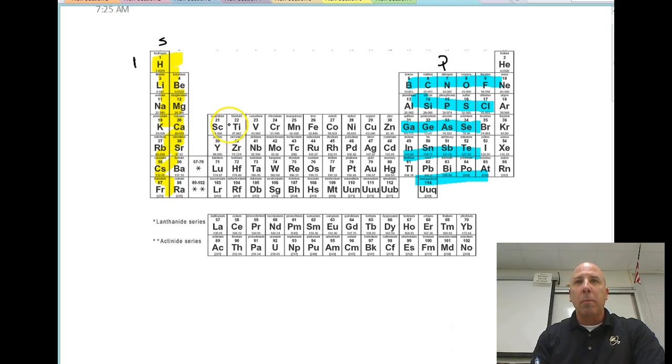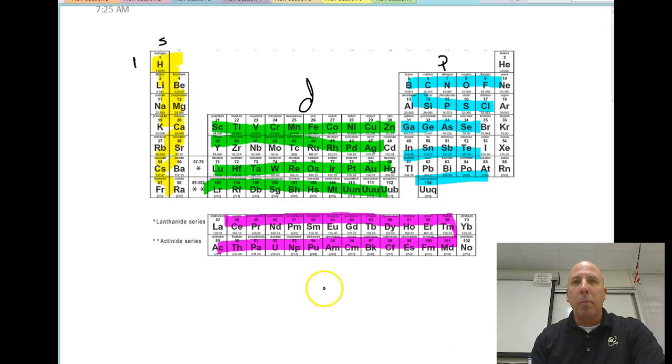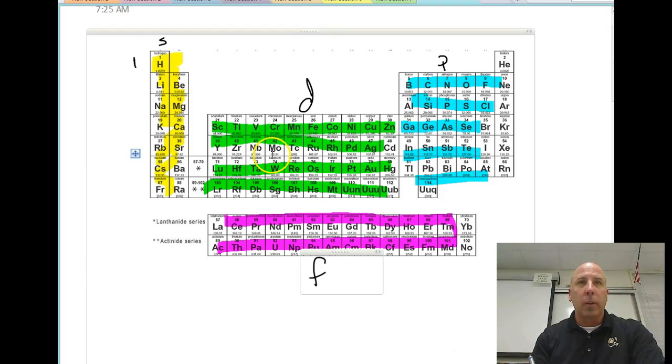Down here in the middle, we have our transition metals, which is 10 blocks wide, corresponding to our D block. And down at the bottom, we have our inner transition metals, which correspond to our F block. We said we could use these to predict what would come next in orbital filling on an orbital diagram and electron configuration.